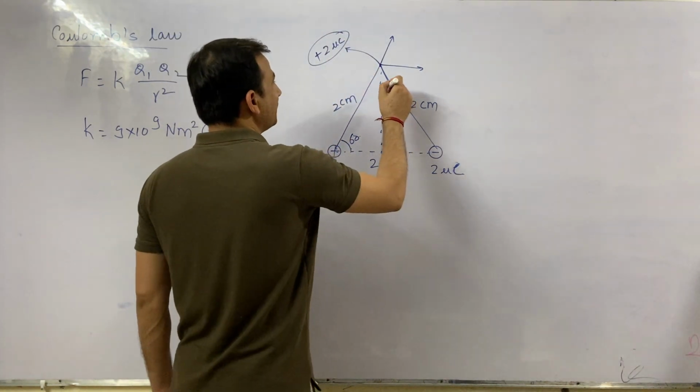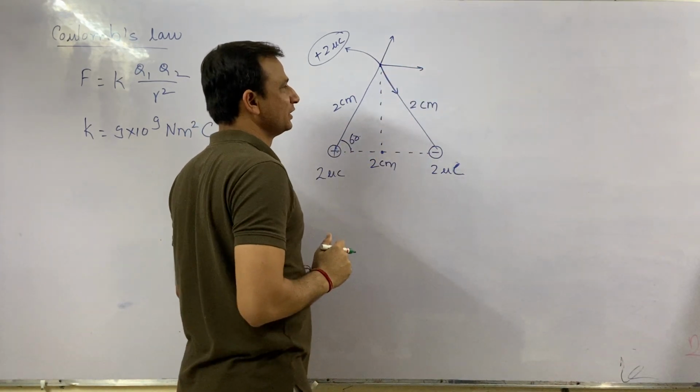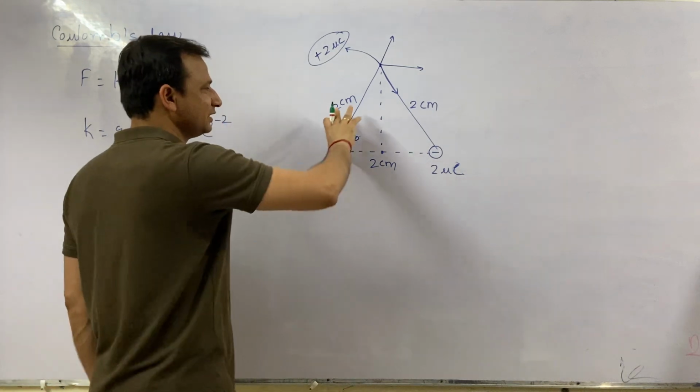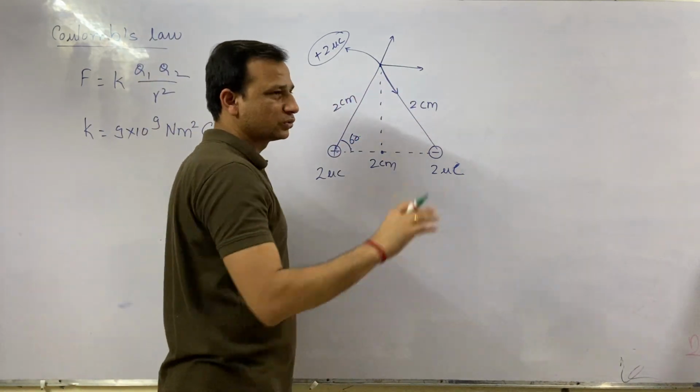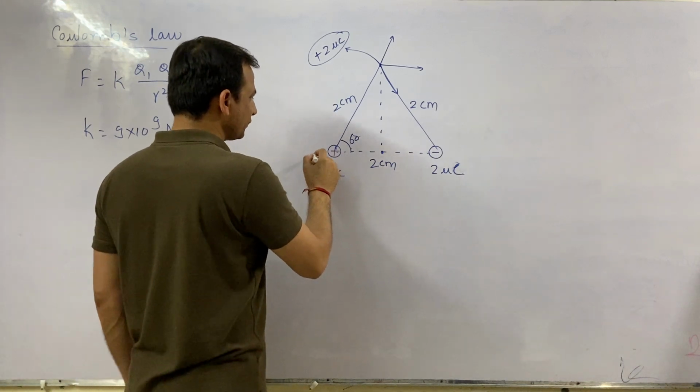So now the question is how to calculate the magnitude of this force. We can divide this question into 2 to 3 steps. Let me write a few points here.